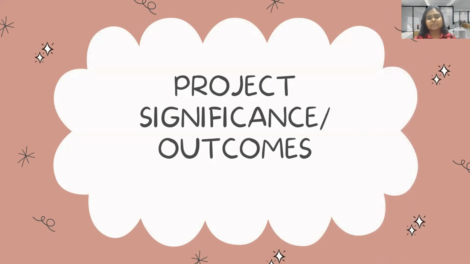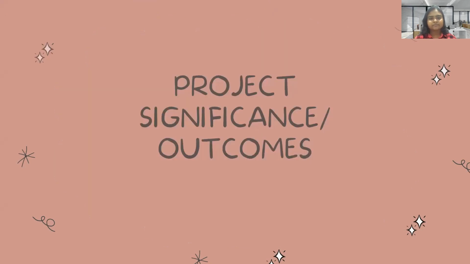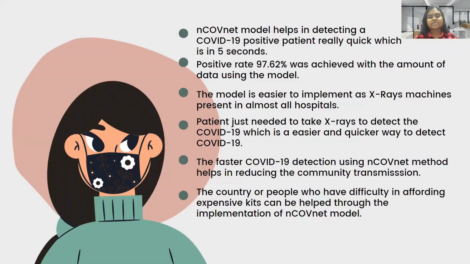Now I'll explain regarding the project significance or outcome of this project. The project uses the NCOVNet model, which really helps in detecting COVID-19 patients really quickly, in under 5 seconds. The detection rate using this model is high, at 97.62%. The model is also easier to implement as X-ray machines are present in almost all hospitals.